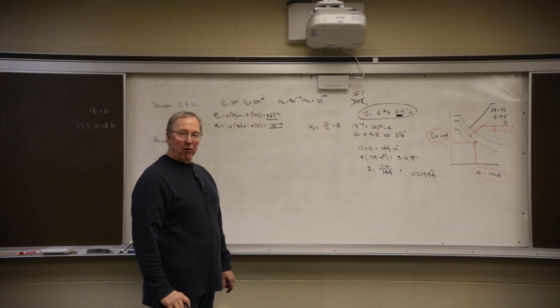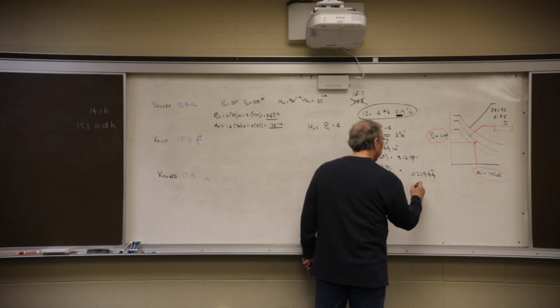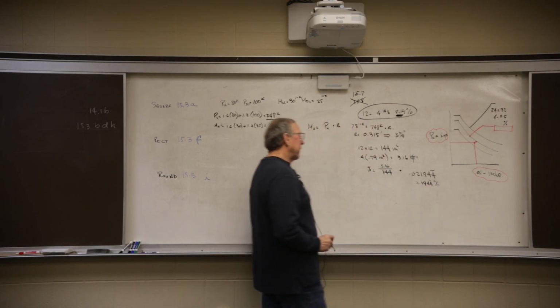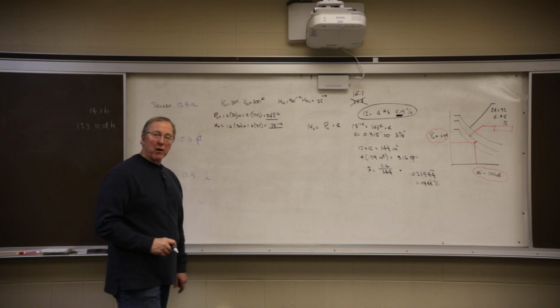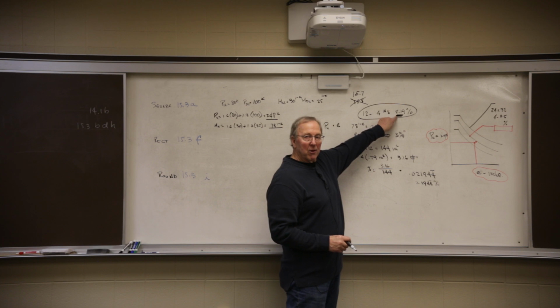That's in decimal form. To get it in percentage, I have to multiply it by 100. So if I move it over and make it a percentage, 2.19, that's exactly what they wrote down.